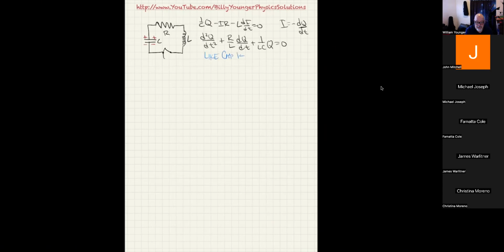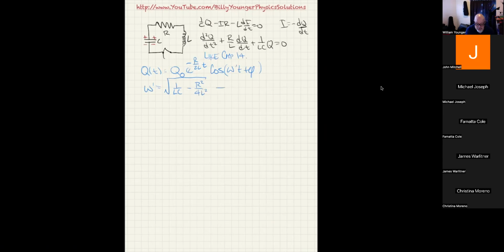And in fact, what we find is Q of t is equal to Q0 times e to the negative R over 2L times t times the cosine of omega prime t plus phi, where omega prime turns out to be the square root of 1/LC minus R squared over 4L squared.